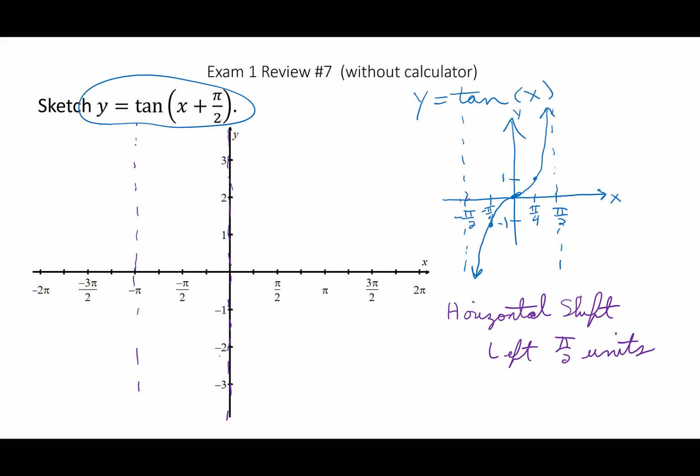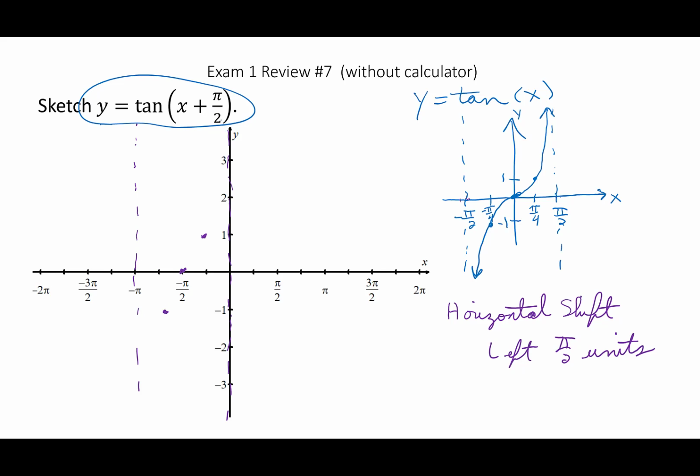Okay, so if we just start by graphing this fundamental cycle, right in the middle, we're going to be on the x-axis. At negative pi fourths, we would be at y equals 1. At negative 3 pi over 4, we would be at y equals negative 1.